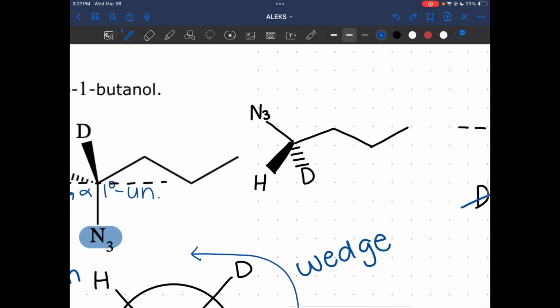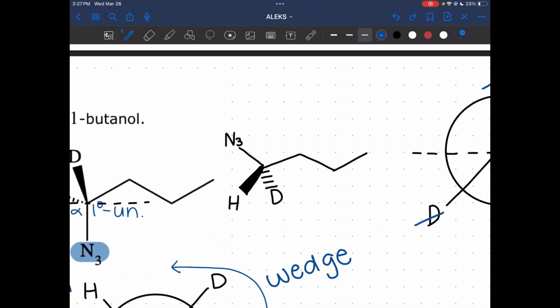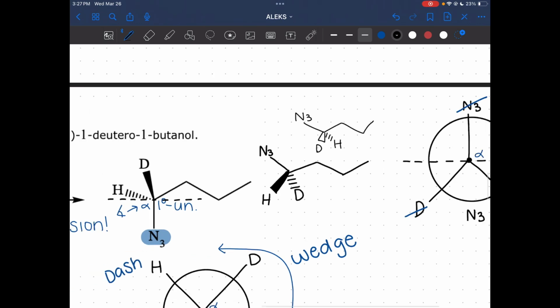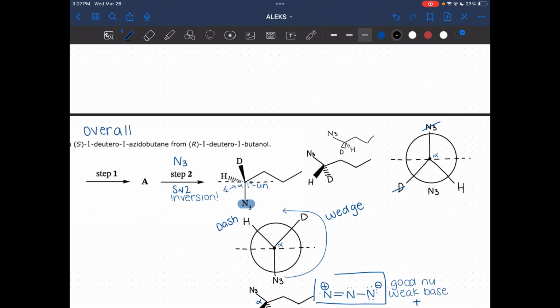So instead of, for example, the final product looking like this, I'd instead get something like this. The deuterium and H would not have switched places like we wanted them to if I did 2 inversions. It would just flip directly back to what we started with. I always think of it as two negatives make a positive.